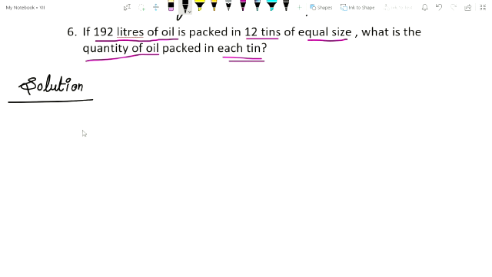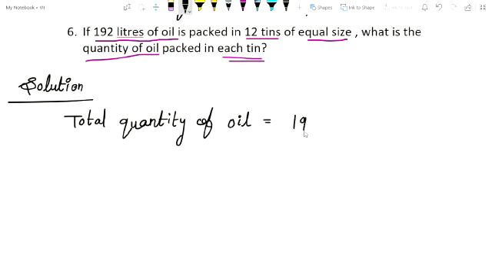So total quantity of oil equal to 192 liters. Next, number of tins equal to 12.